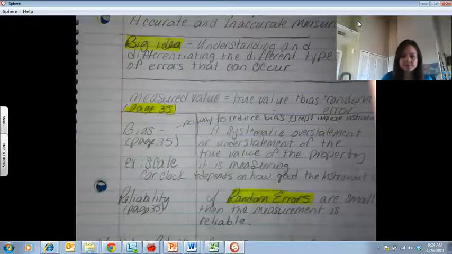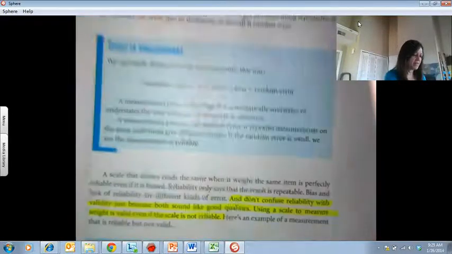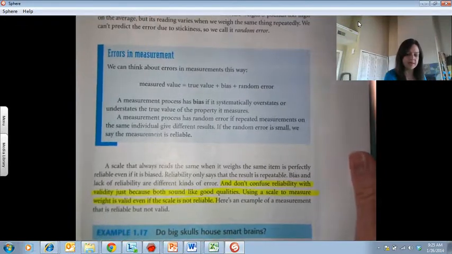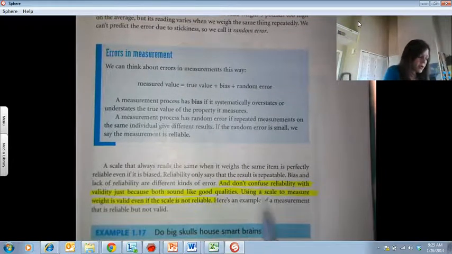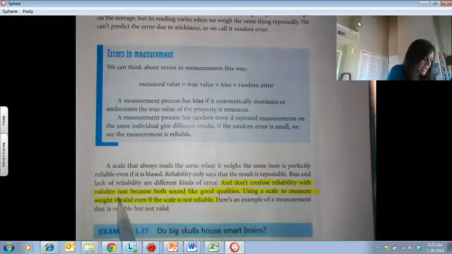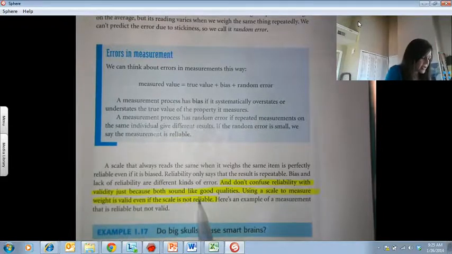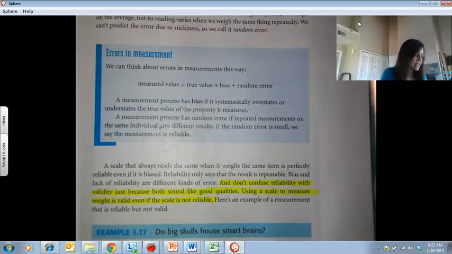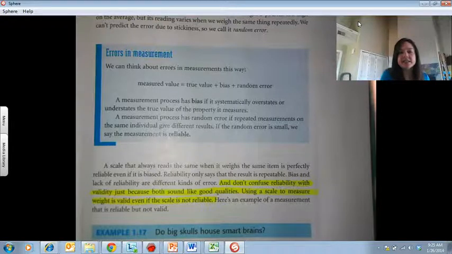Then the book goes on to talk about, on the bottom of page 35, while we're talking about reliability, it says, don't confuse reliability with validity just because both look and sound like good qualities. Using a scale to measure weight is valid even if that scale is not reliable.